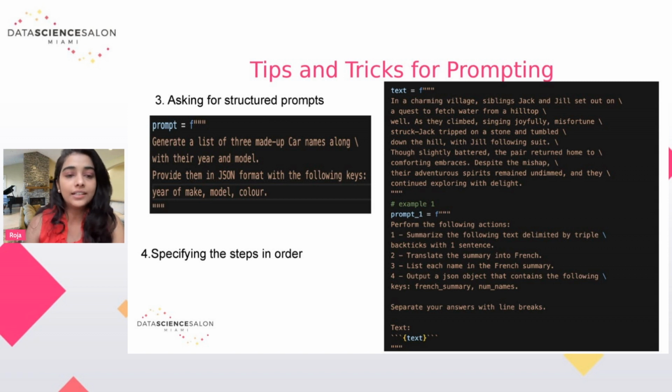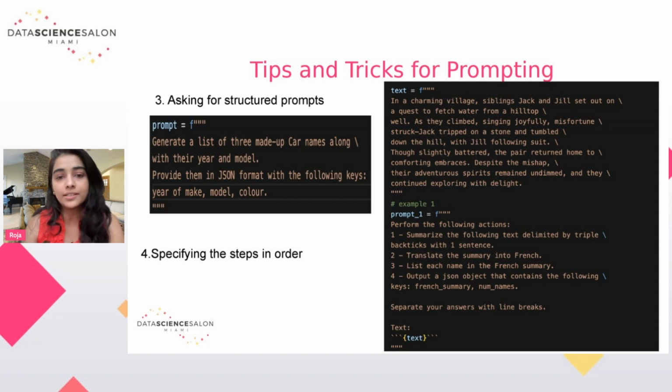And the other thing is to specify the steps in order. Here, in one of the prompts, I have a summary of 6 to 7 sentences, and I am giving a prompt in such a way that I am mentioning step-by-step instructions to the model, like what I am expecting from it.